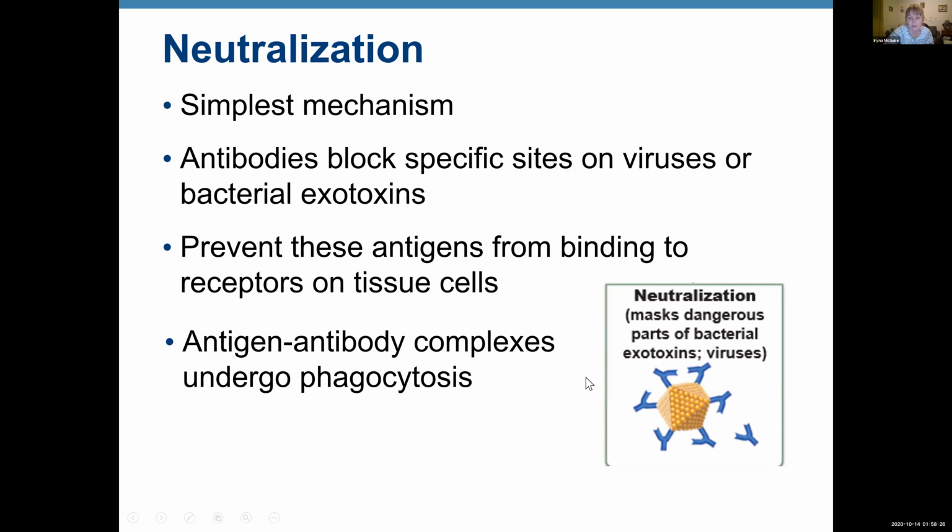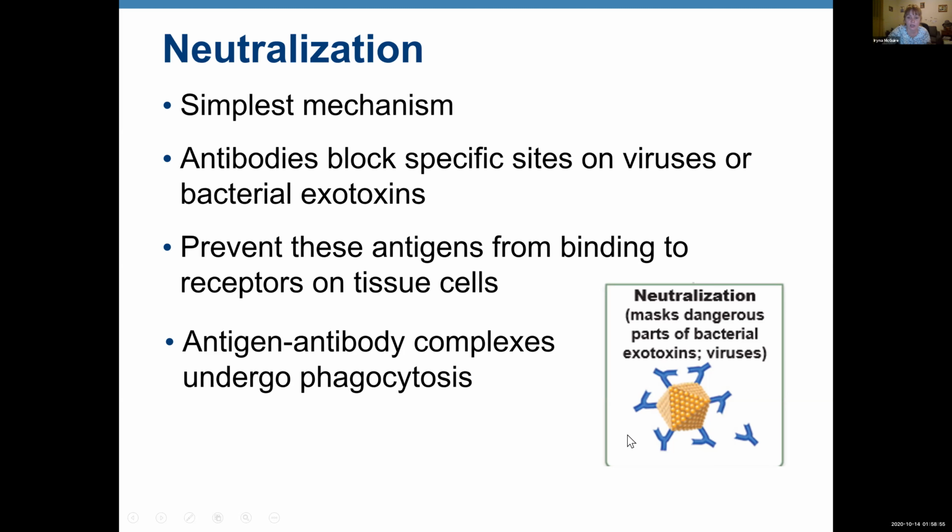So here in this picture, you see the mechanism of neutralization. It's the simplest mechanism. Antibodies bind to their antigen, right? And it blocks specific sites of the viruses or bacterial toxins. And they prevent those antigens from binding to receptors on tissue cells. So for example, you have a virus, right? A virus is an intracellular parasite.